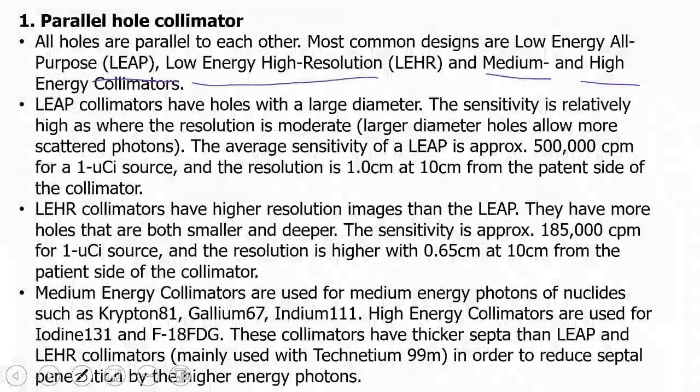Yes, resolution will decrease. Now, if my collimator allows me to take 1000 counts per minute, and another allows me to take only 500 counts per minute, this affects the scan time, which is a very important point.